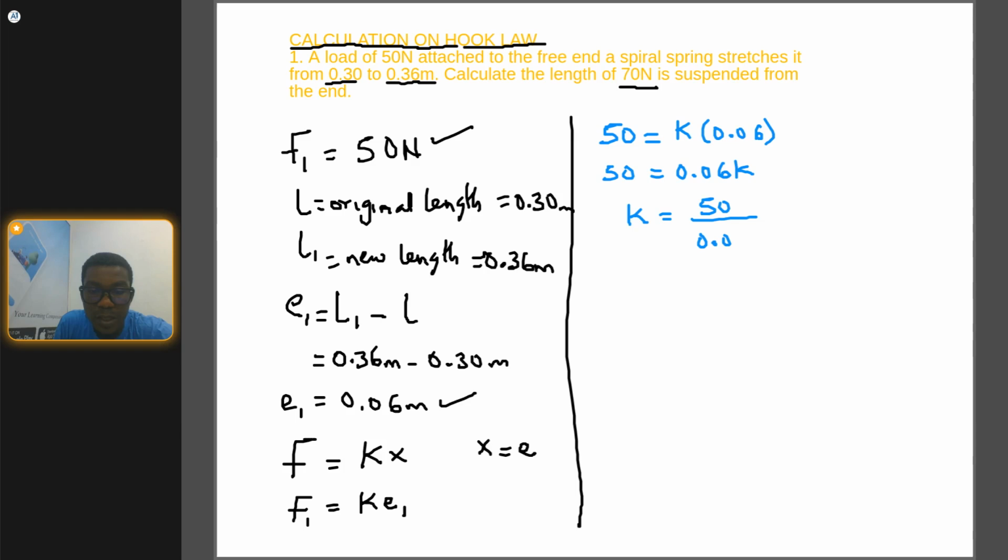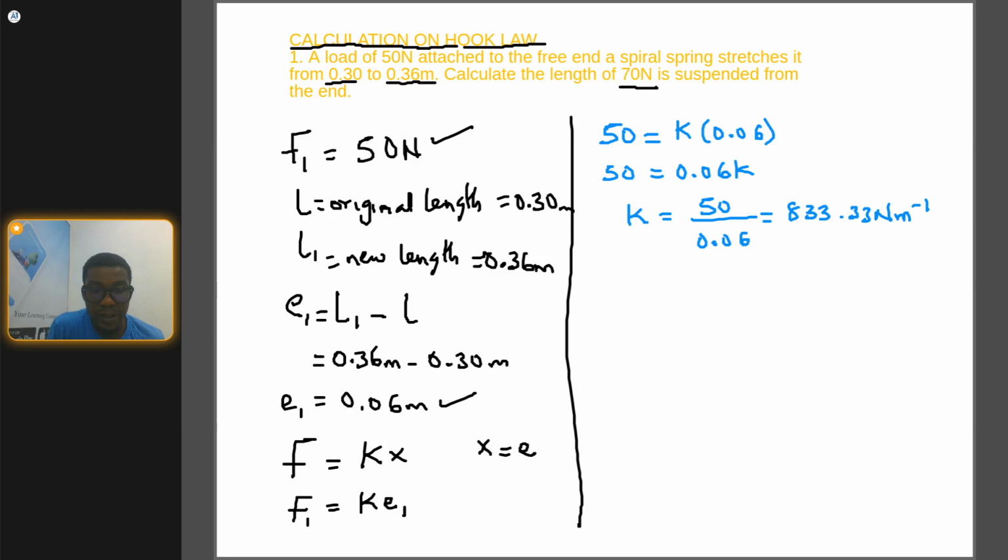And when you divide this, you should be having 833.33 in two decimal places, Newton per meter, because 50 is force and 0.06 is a meter. So we have the constant to be 833.33 Newton per meter.